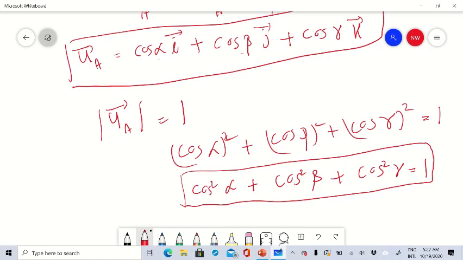So if you want to find the direction cosine of a unit vector, you can use this one to find the other direction cosine. We'll use this unit vector concept in coming examples, and then you can see how we can apply it in our mechanics class.